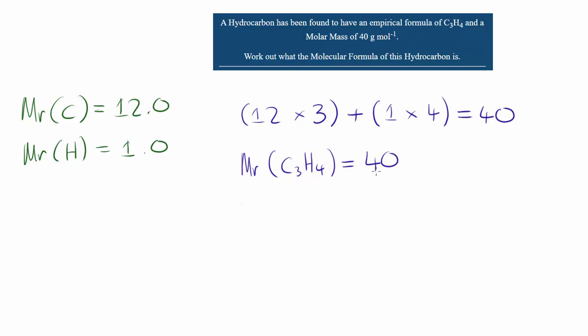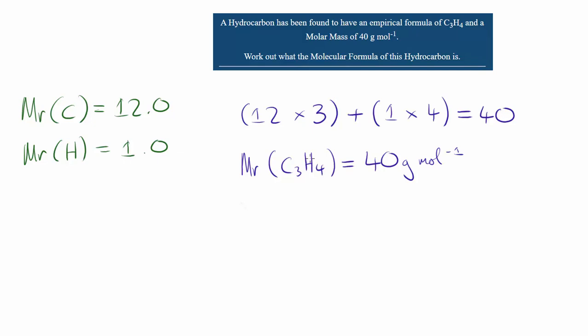Now, is this the MR of the molecule that our molecular formula is going to give us? Well, based on visual inspection, if you compare this, and let me just put the units as well, we've been told that for the molecular formula, the MR is going to be 40 grams per mole. So far, we've worked out the empirical formula's molar mass, and we've got 40 grams per mole. It's the same, right?